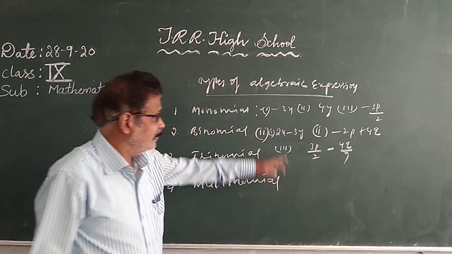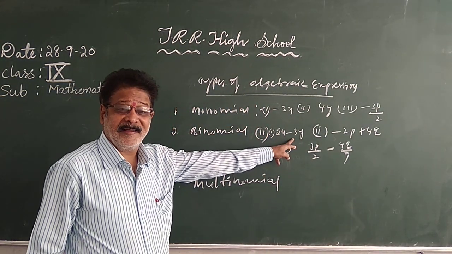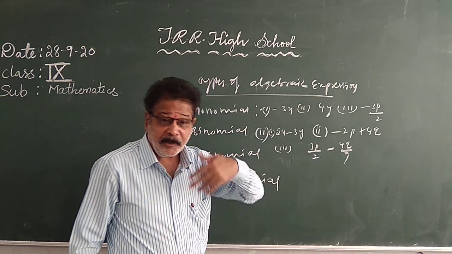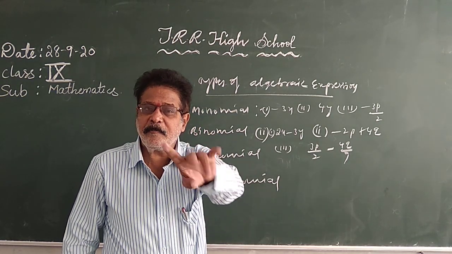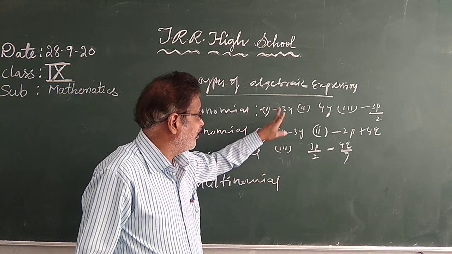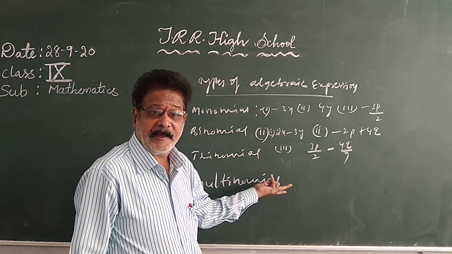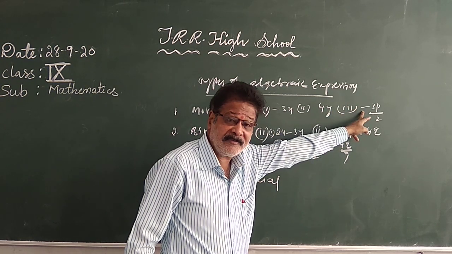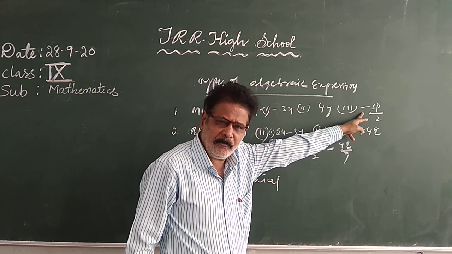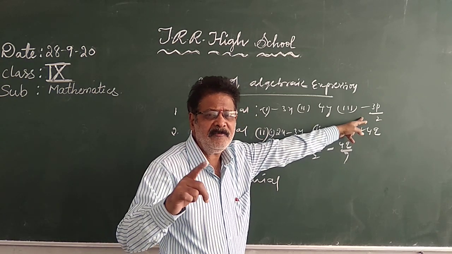Plus 2x minus 3y is there, two terms are there. How can you count the terms with respect to their signs? We should consider plus and minus signs only. Here only one sign, single term. Only one sign means single term, and a single term means it is a monomial.